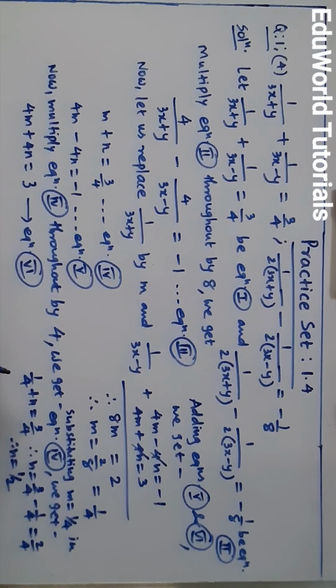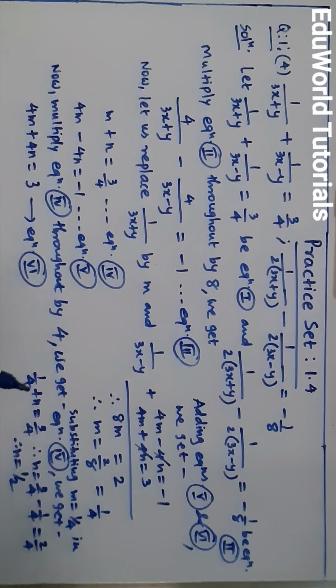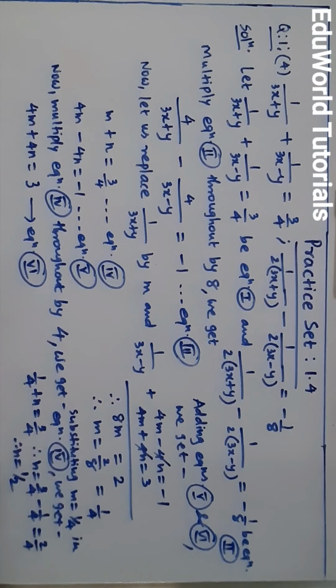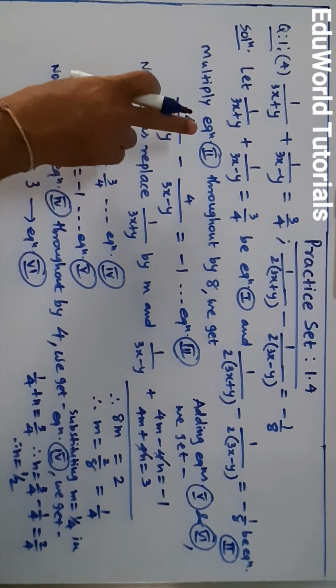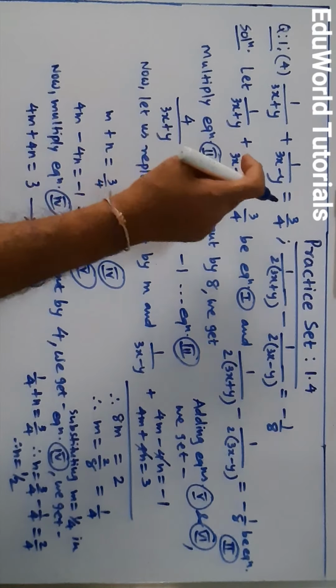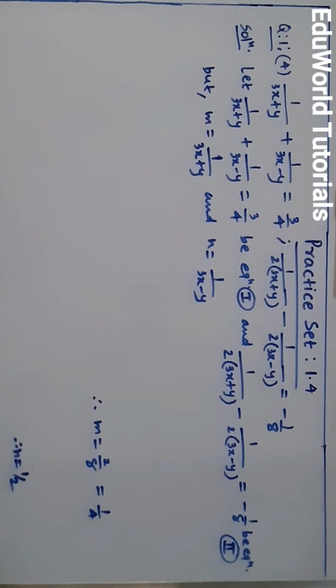Now this is very simple. Once I get m and n, I can easily solve the rest of the question. So remember, the value of m I got is 1 upon 4 and the value of n I got is 1 upon 2. But m and n you already know. m was actually 1 upon 3x plus y and n was 1 upon 3x minus y. So what we have to write now?